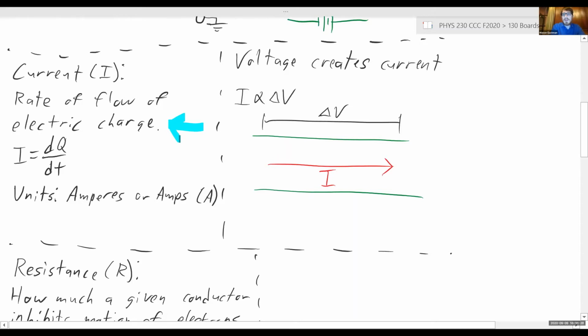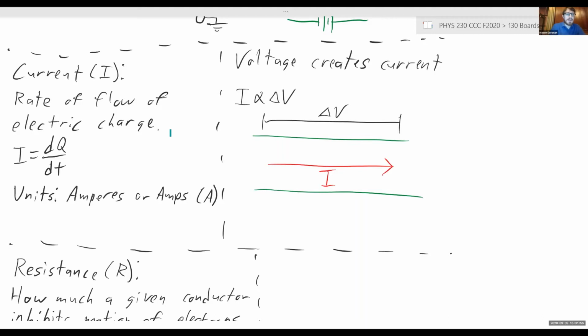So far, we've been talking about situations where electric charge is largely stationary, or electrostatic situations. In circuits, electric charge is moving and flowing. These are electrodynamic situations. So current is a rate of flow of electric charge, technically defined as the amount of charge flowing past a single point per unit time.